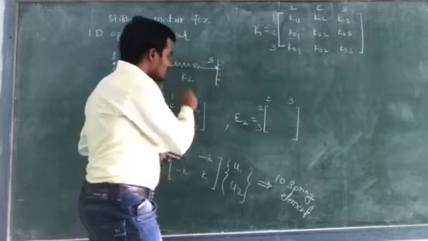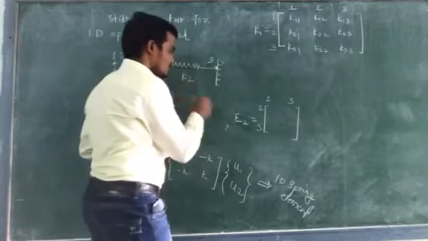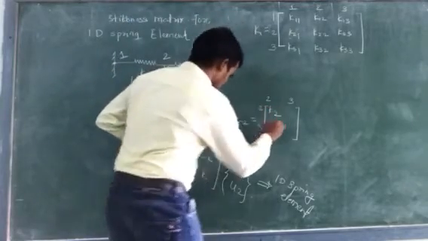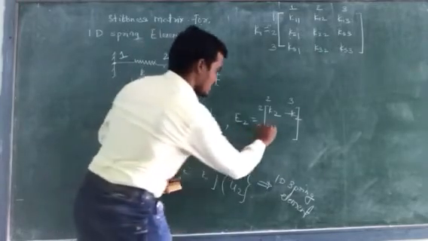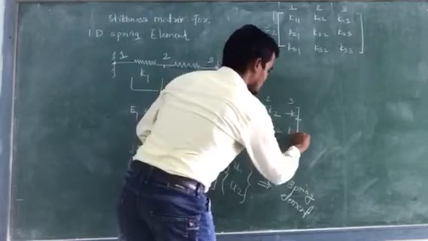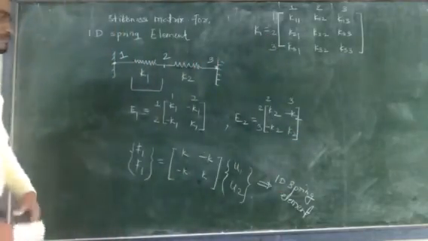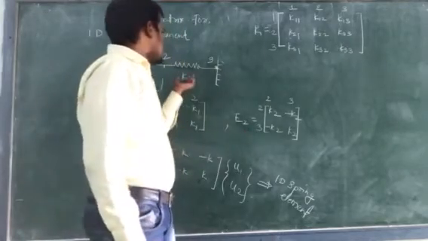Instead of K here the value is K2. So it will become K2, minus K2, minus K2, K2. Okay, so in this way you can write the elemental stiffness matrix for the second element also.